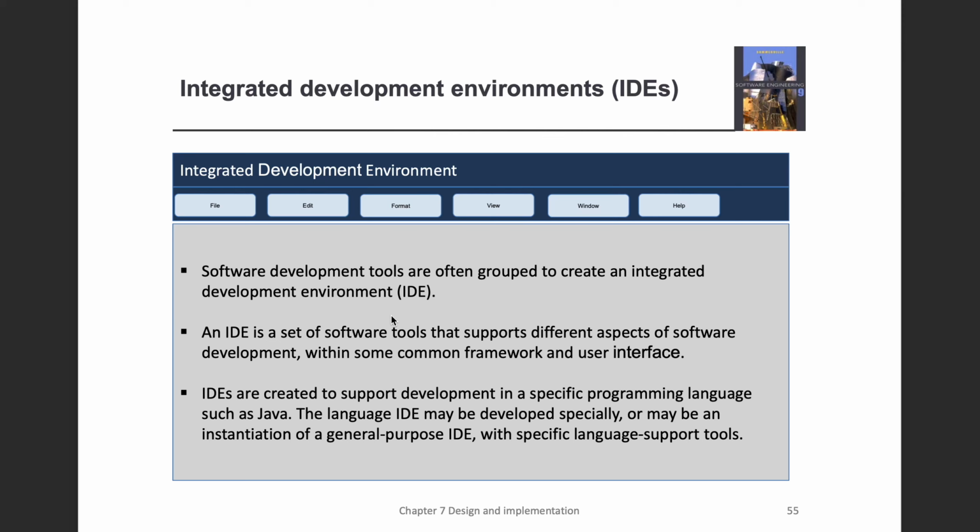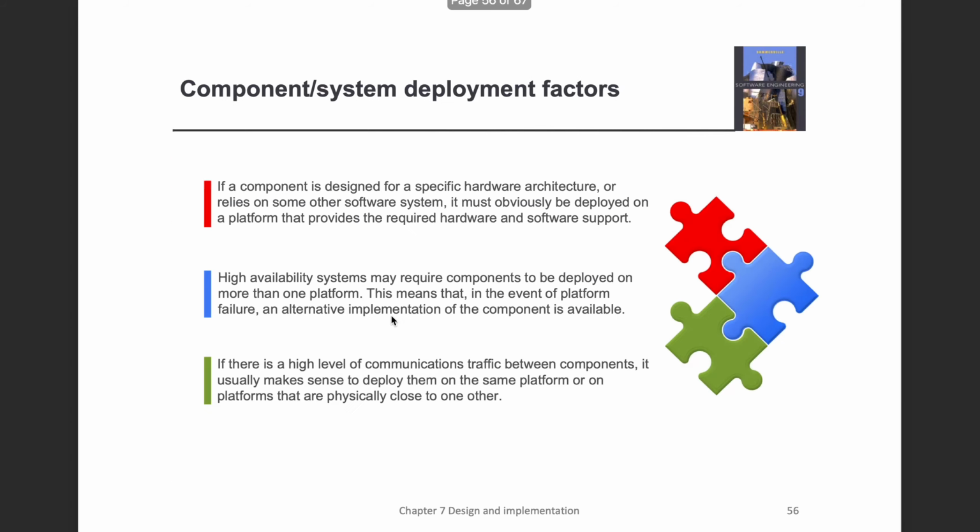An IDE may be developed especially for that, or may be an instantiation of a general purpose IDE which specifies language support tools. Like VS Code, it's one in many. It's actually one IDE. You can use it to do PHP, Flutter, Python and all of that. So it means that it is one IDE that supports a number of languages.